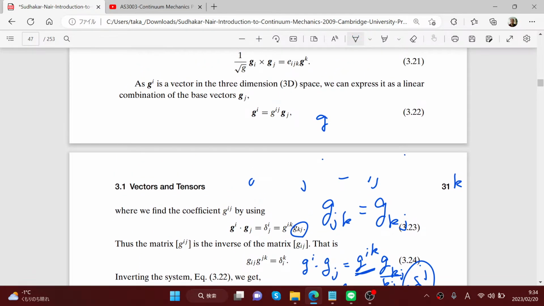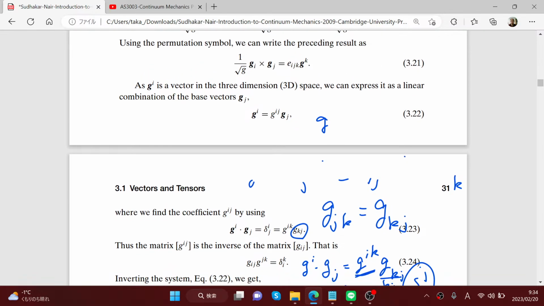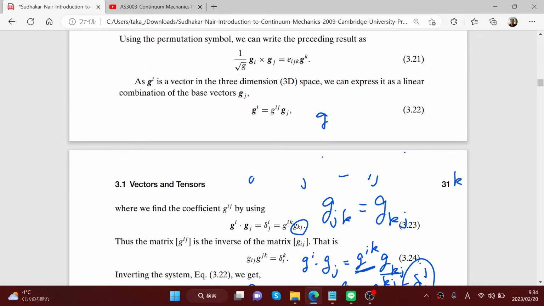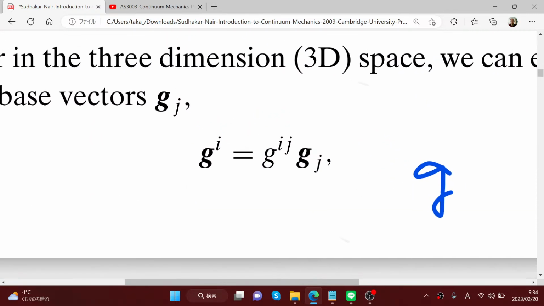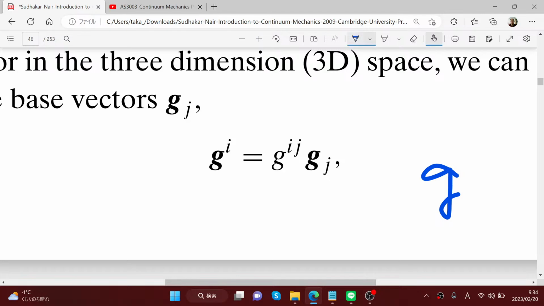How do you call it? I think this is more like this. You multiply Gki here.